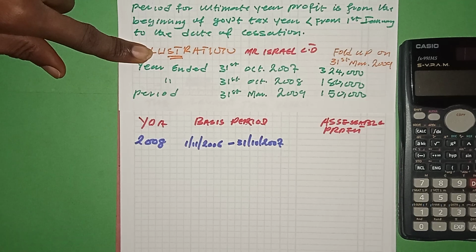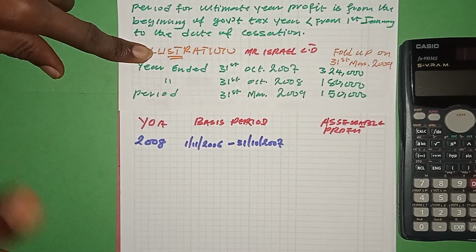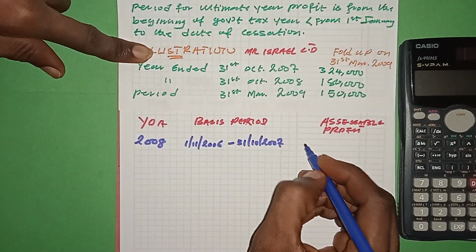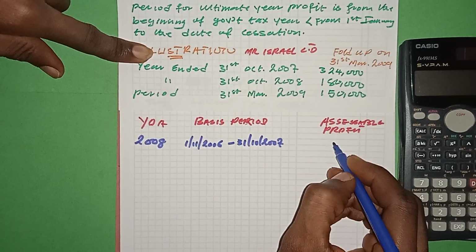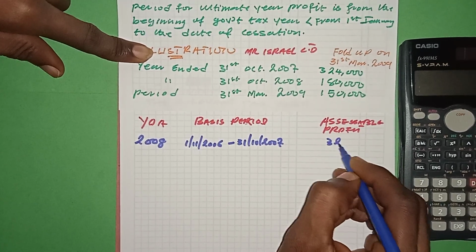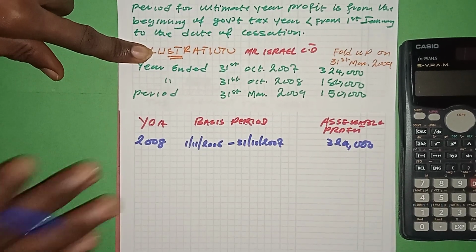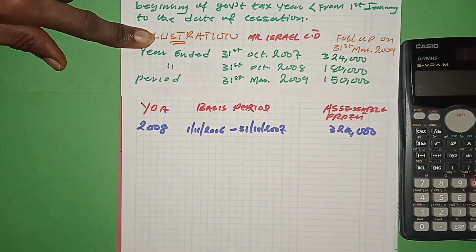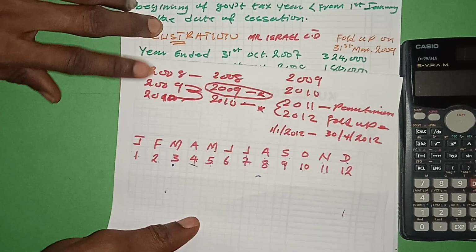You have something like this. So if you take from here to here, it is what? 12 months. Then you come here and put your 324,000. We've captured this one. Is that okay? I hope you understand. Let's use this and calculate it.